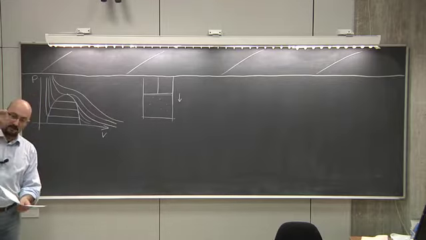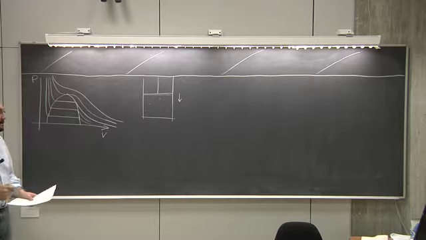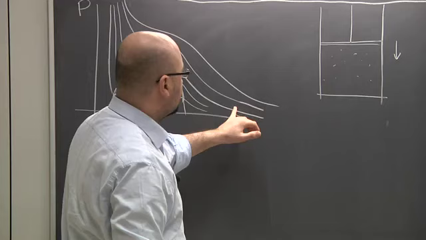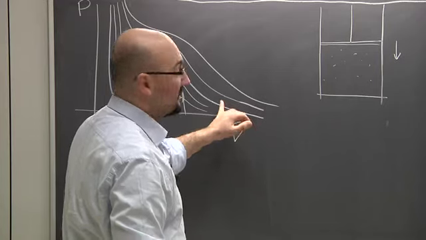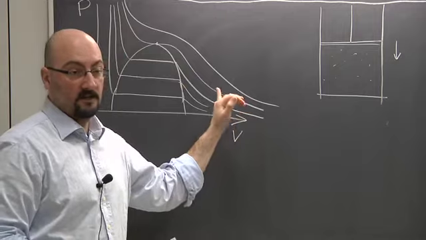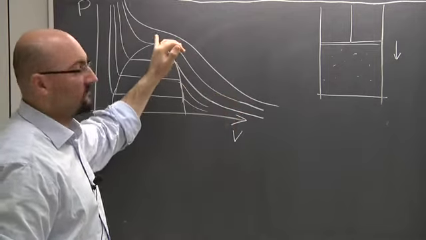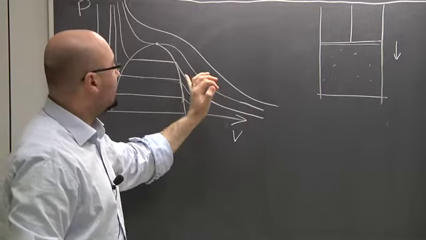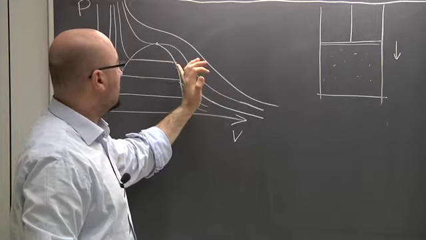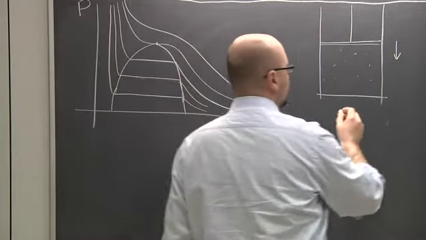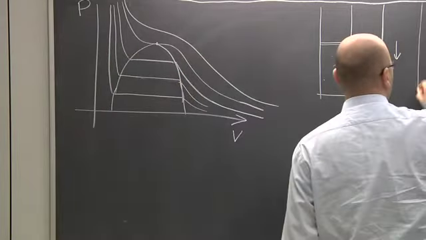Then we start compressing the gas, and it starts behaving in a different way from an ideal gas. At a constant temperature, if the temperature is sufficiently low, when you reach a critical pressure, some liquid starts forming, so you keep pushing this down.